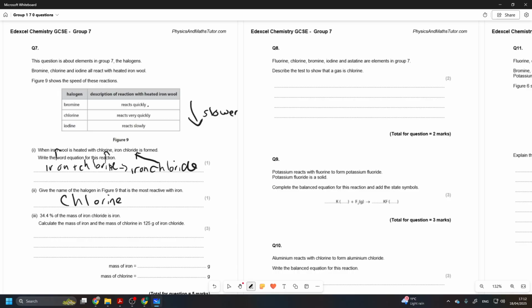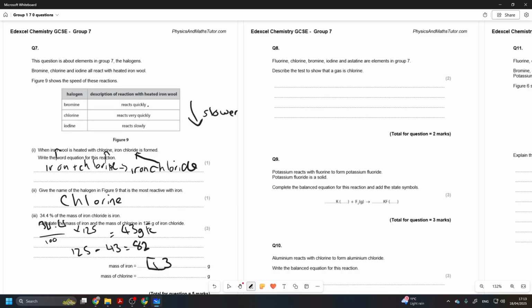What we do here is 34.4 divided by 100 and then times that by 125. That gives you 43 g of Fe. Now for chlorine, 125 is the total, minus 43, that equals 82.